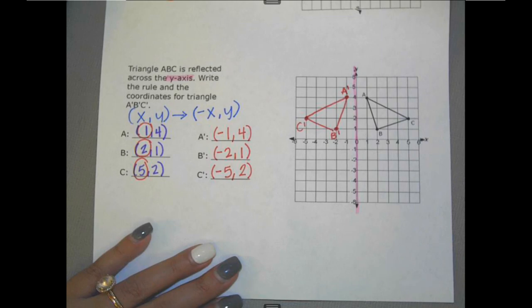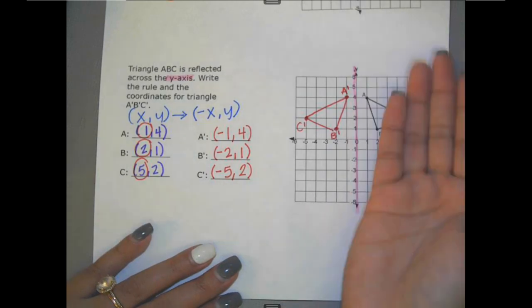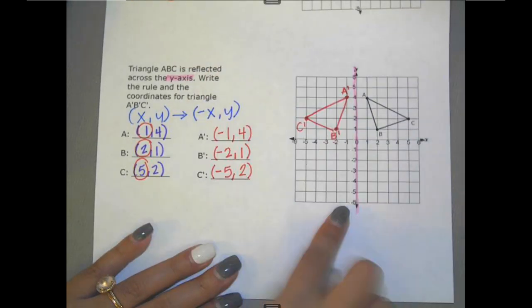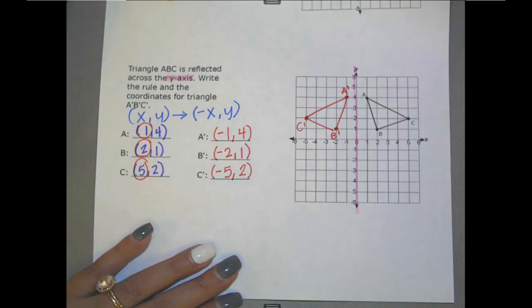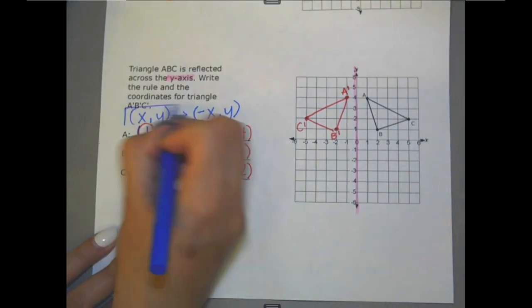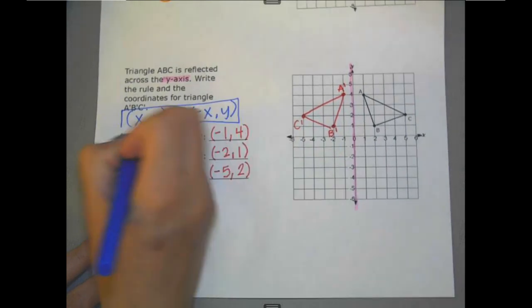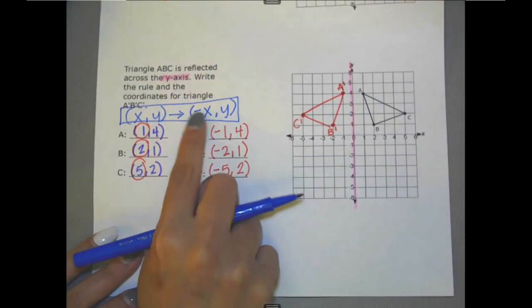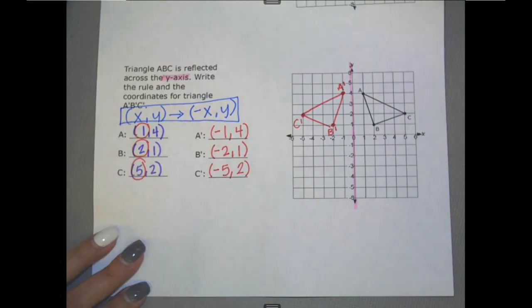So we can see that our triangle flipped over that y-axis. So your rule for a reflection across the y-axis is x, y with my arrow, negative x, y.